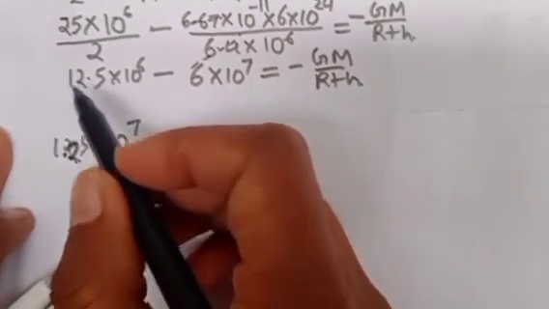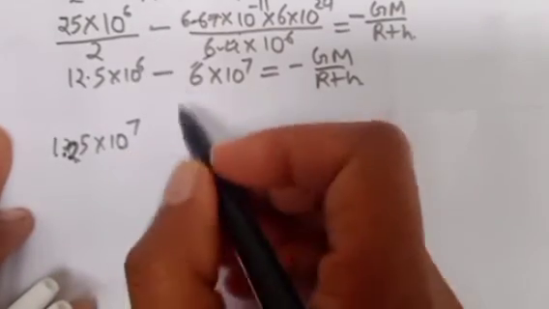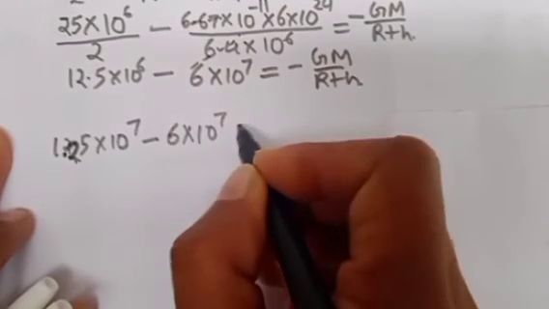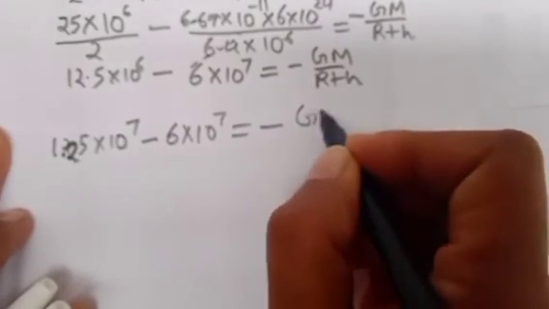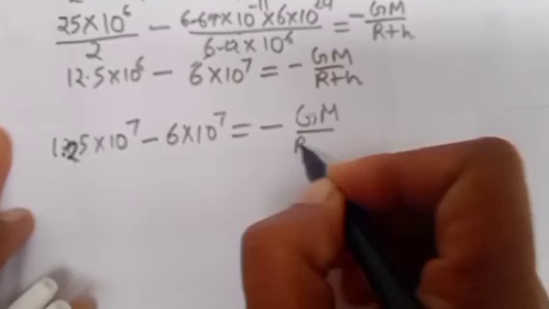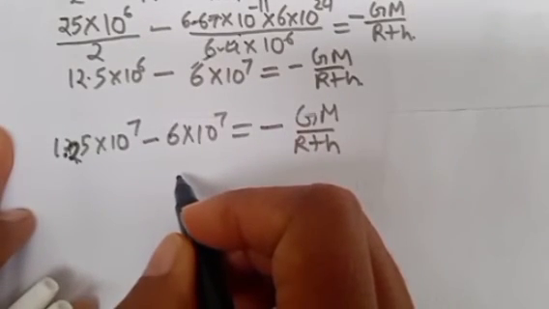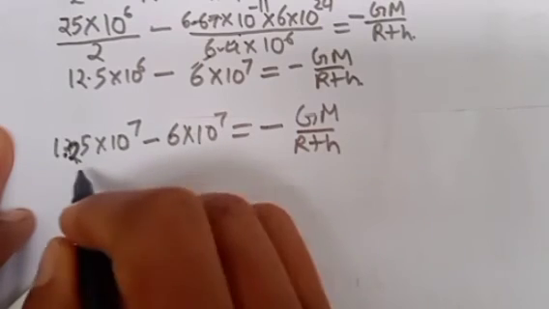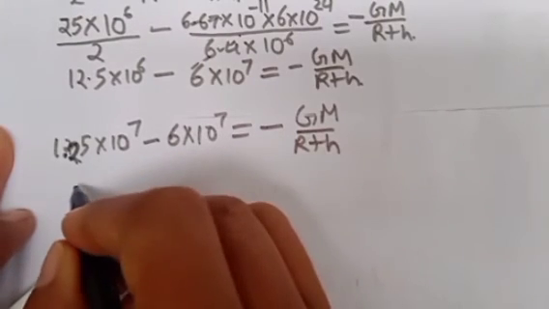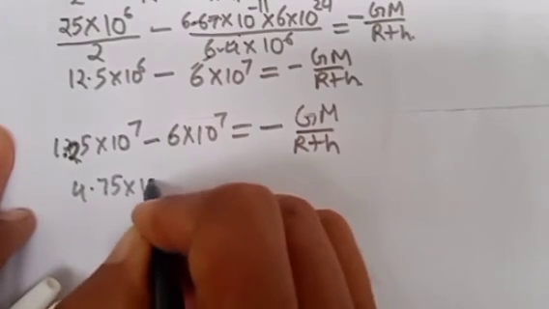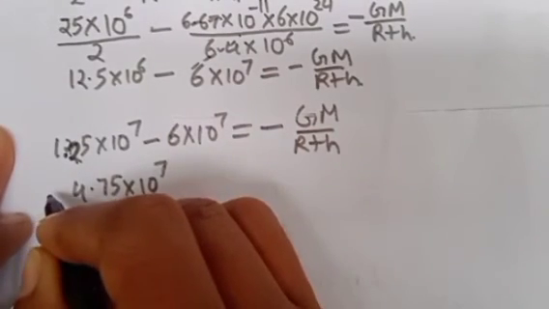Getting my point? I have decreased this and increased this. We'll subtract them, it will be 4.75 into 10 to the power 7 with the negative sign.